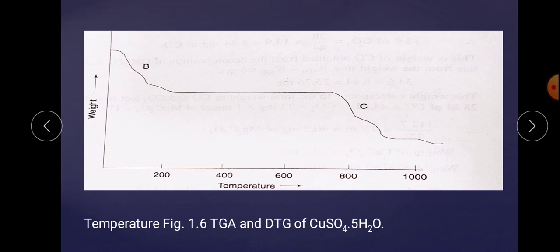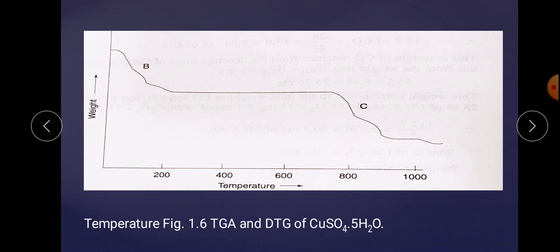However, the inflection point B arises due to the formation of CuSO4·3H2O. This B is because of the formation of CuSO4 trihydrate from the CuSO4 pentahydrate molecule.